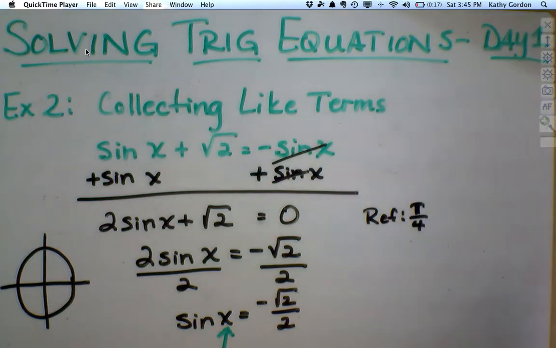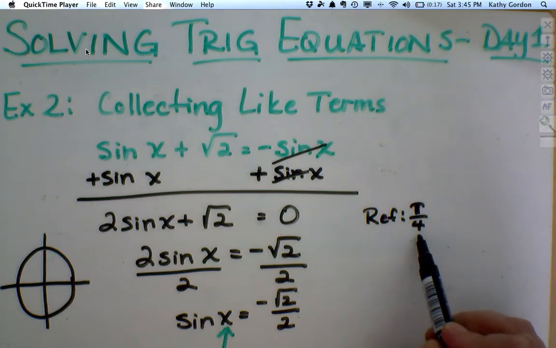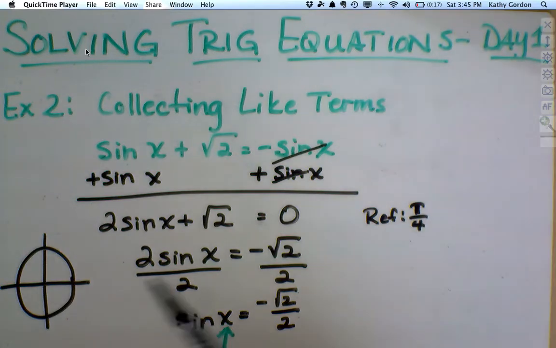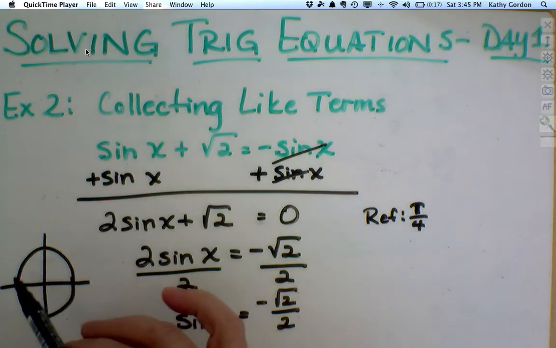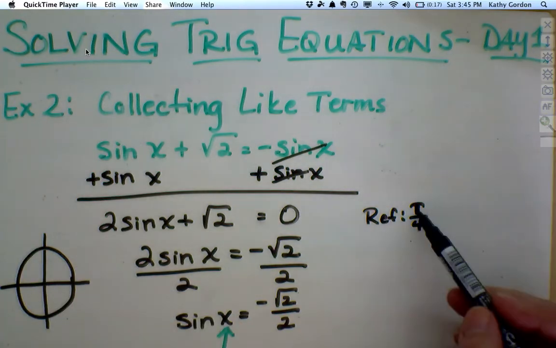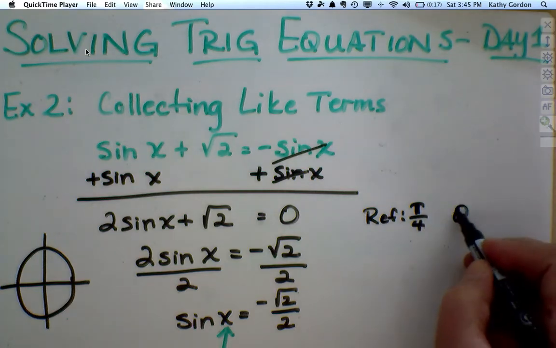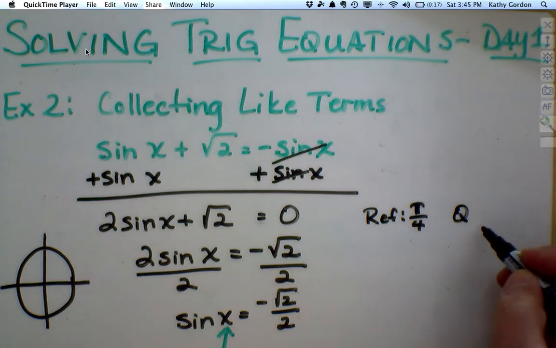And I highly recommend you do this in terms of radians, because once you know the denominator of this reference angle, you can figure out any of the other possible angles in any of the other possible quadrants. Okay? So we got a reference angle of pi over 4. But then the second consideration is which quadrants would we be in?